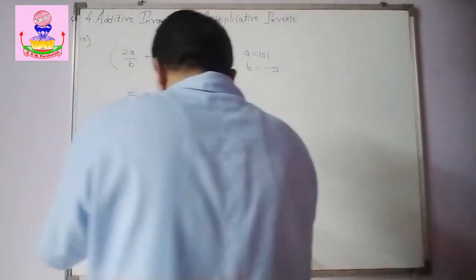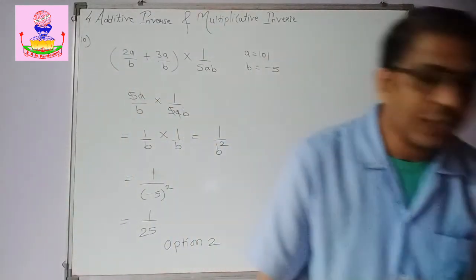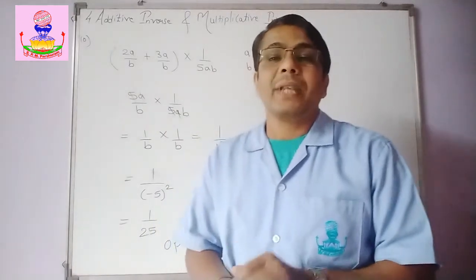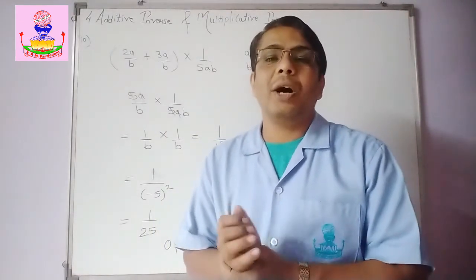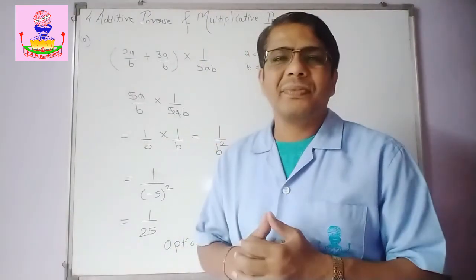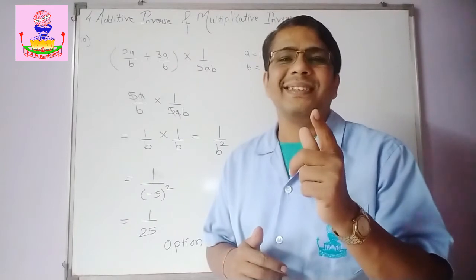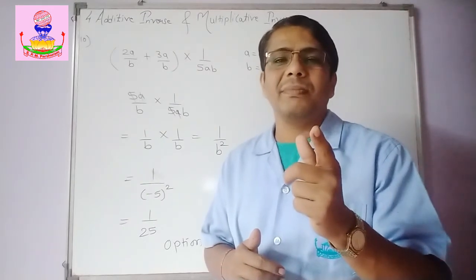Okay. So remaining examples, I think 2-3 examples are there that you are supposed to solve as homework. Okay. And if there is any doubt, you are most welcome. So try to solve them. Follow the basic concepts.